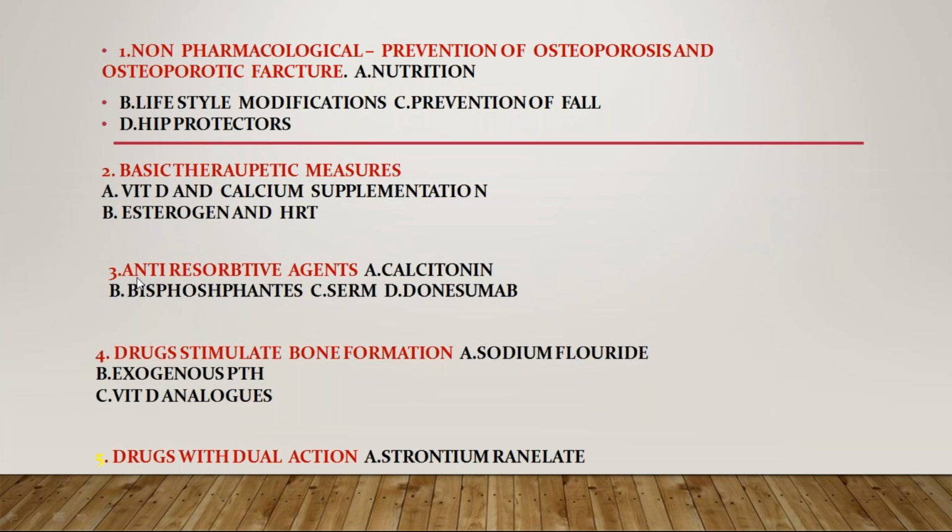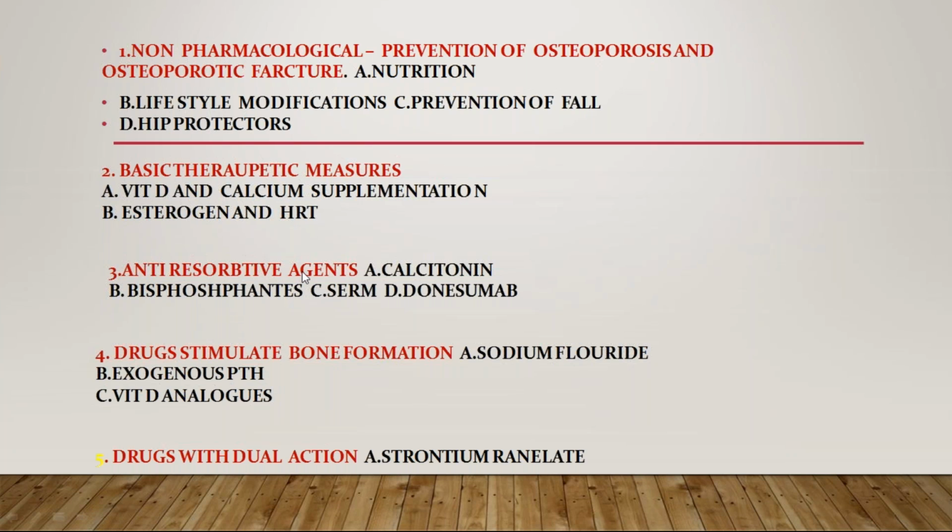And in severe patients, we'll go for anti-resorptive agents or drugs stimulating bone formation. These are calcitonin, bisphosphonates, selective estrogen receptor modulators, and denosumab. All these come under anti-resorptive agents. Sodium fluoride and vitamin D analogs come under drugs stimulating bone formation.